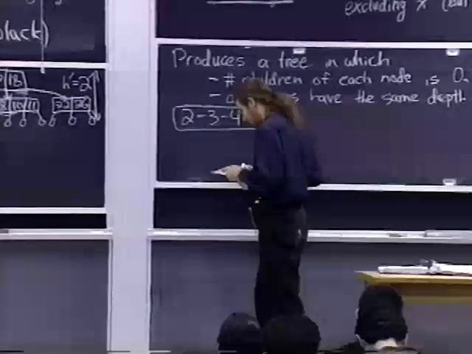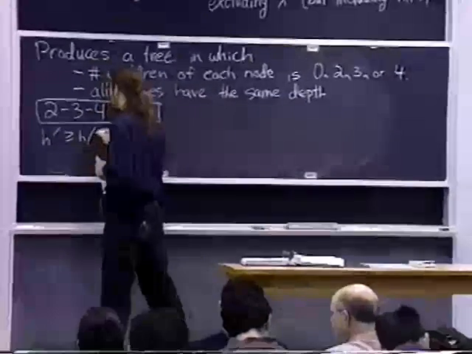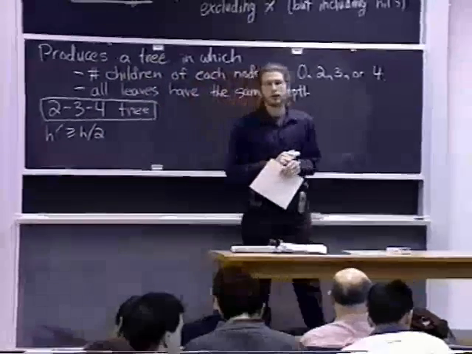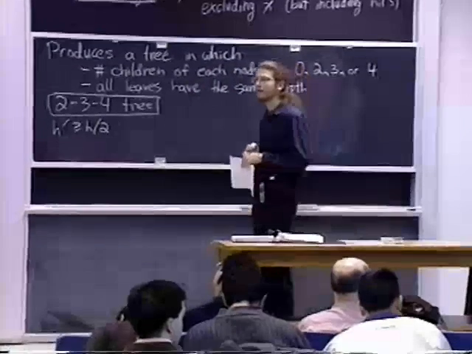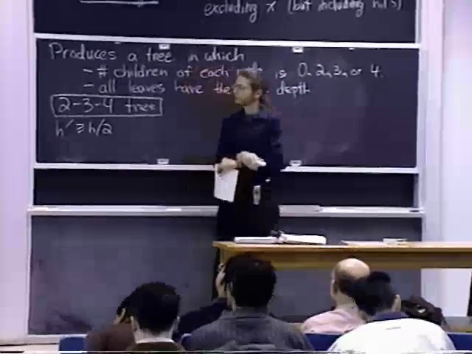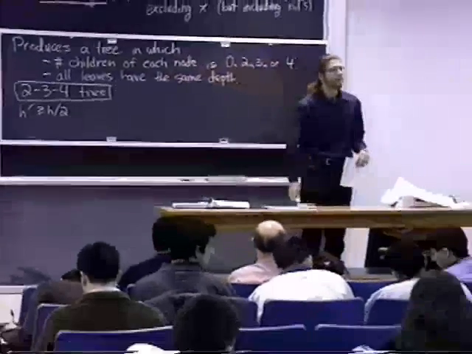Then I want to argue that h prime is always at least h over 2. Why? Exactly.